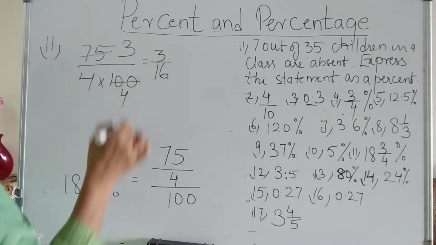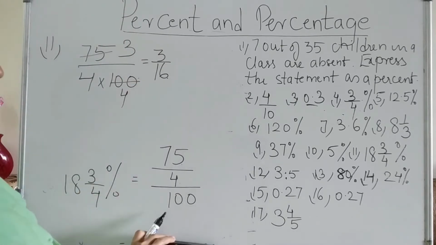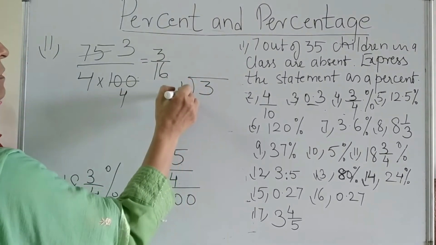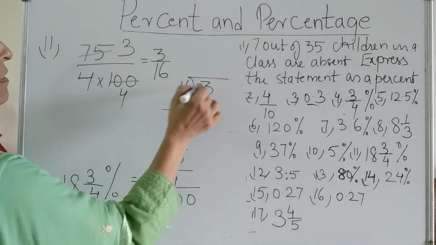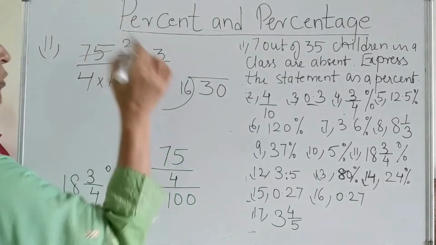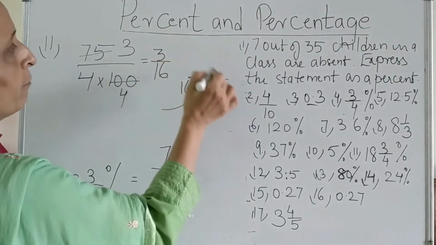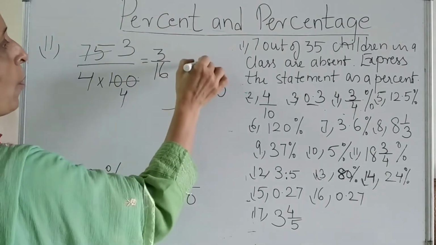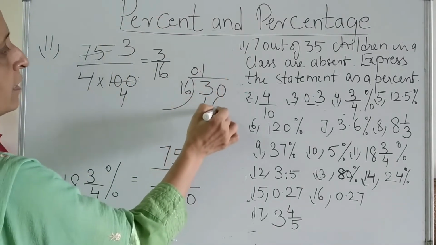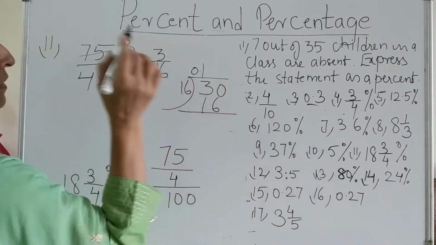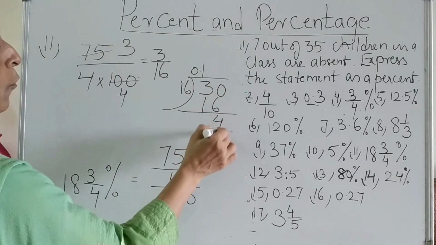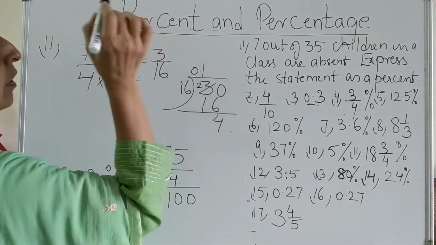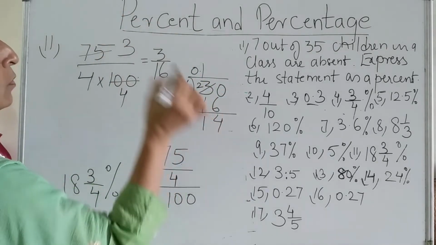Now let us divide 3 by 16. Now 3, you have to add 0 to further divide. Now before adding you have to put a point, 0 and point. 1s are 16. 10 minus 6 is 4. 3 minus, now this will get cancelled, become 2. 2 minus 1 is 1.